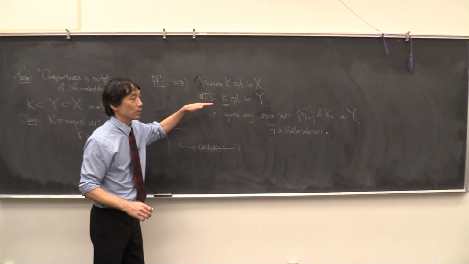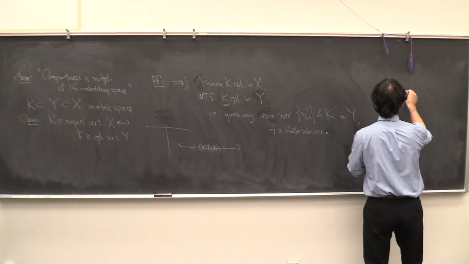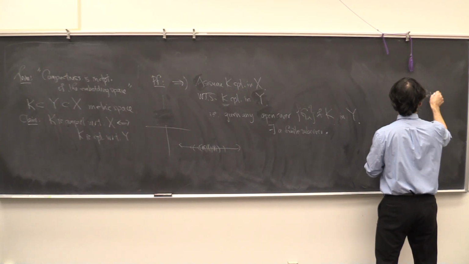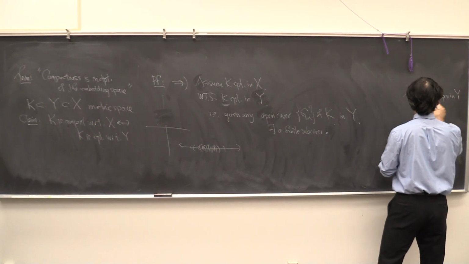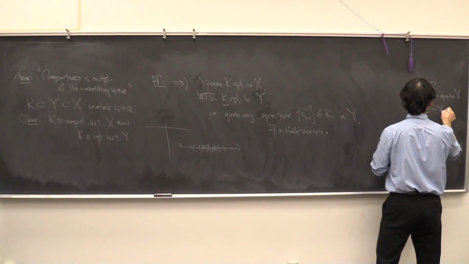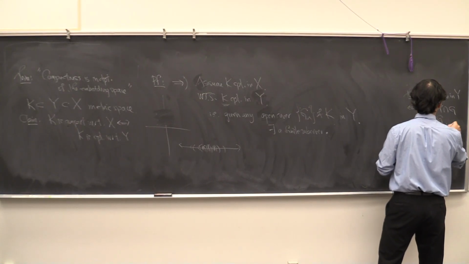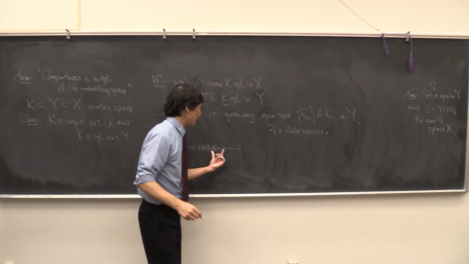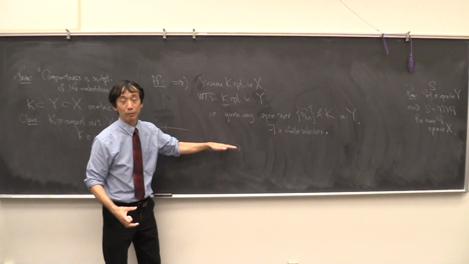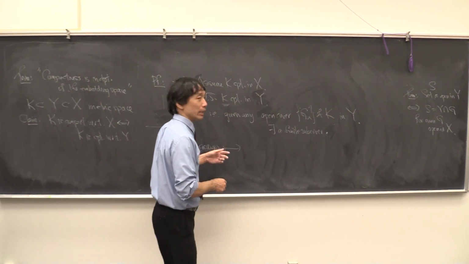We know we can do this in X, so we pass up to X. Remember what we just said: a set S is open in Y if and only if S equals Y intersect G for some G open in X. Every set that's open in Y is the intersection of some set in X with Y. So we'll use that to pass up to X. And then what are we going to do?